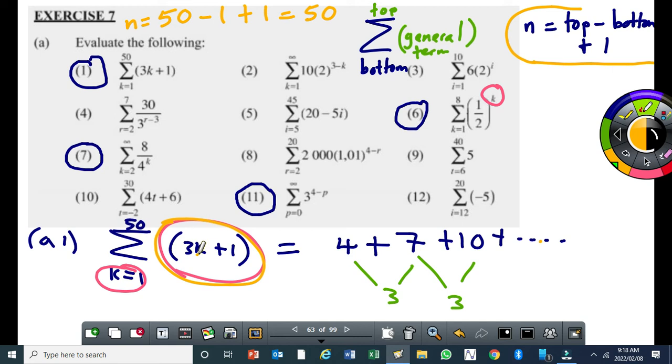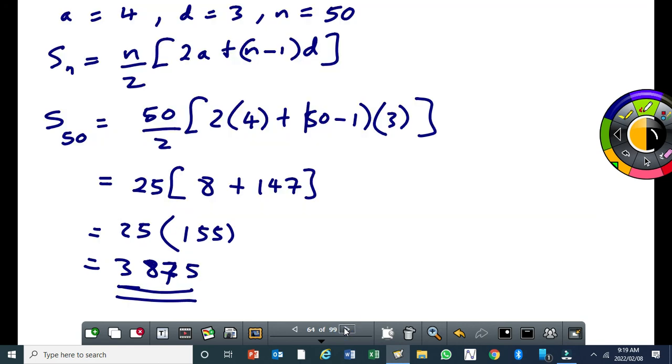So we have our first term, a, then we can calculate the common difference. 7 minus 4 is 3, 10 minus 7 is 3. So we now have the first term and the common difference d. Also, our number of terms is 50. Then you write your formula for the sum of an arithmetic series.